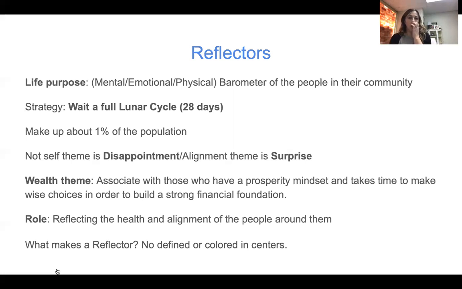So can I jump in really quick? Yes, please. Mm-hmm. So part of this strategy isn't just the waiting. If you dive deeper, and I don't know if we have any reflectors, but if you have a reflector child, if you want to get into the nitty gritty of it, they're lunar beings because they're affected by the moon. Yes.